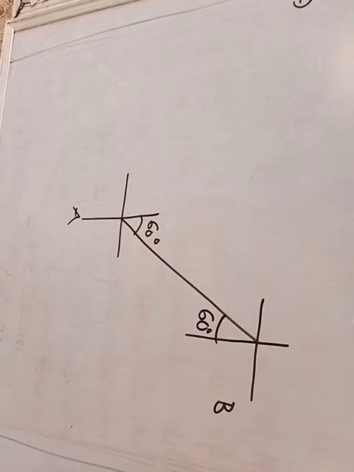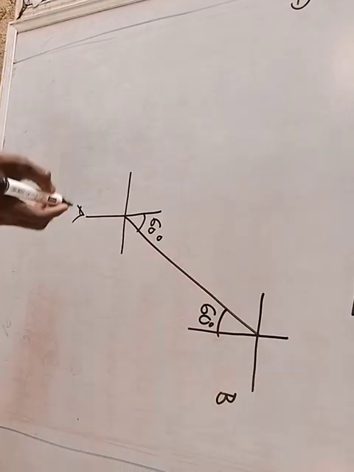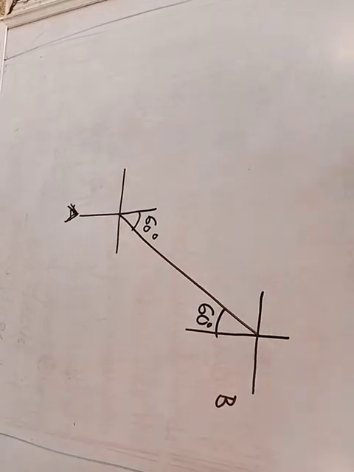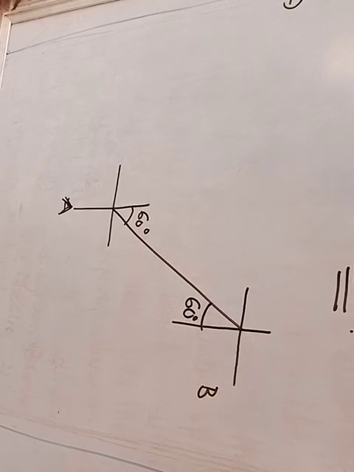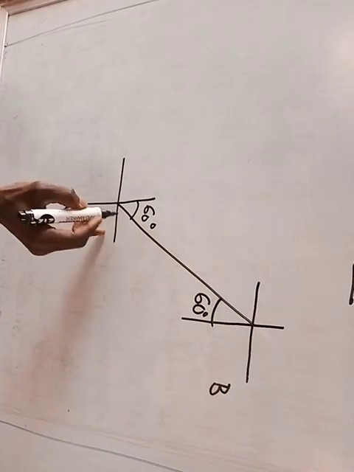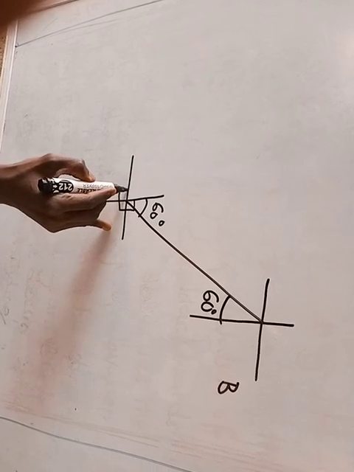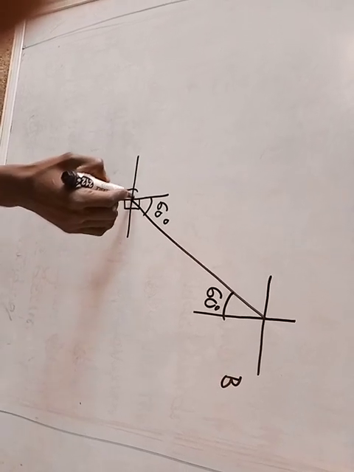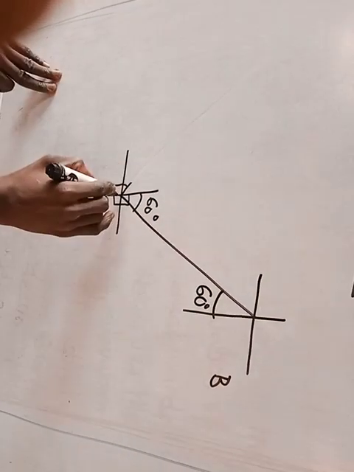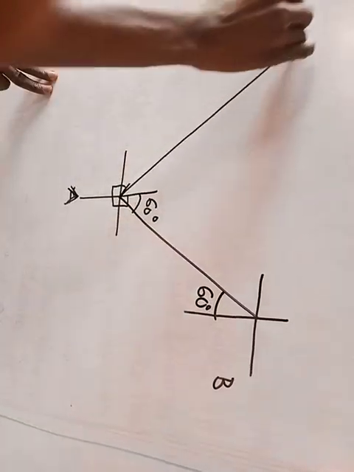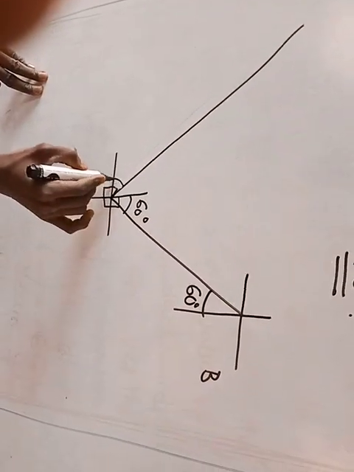Now, that's the bearing of C from A. The bearing of C from A is 290 degrees. Bearing starts from north. This is 90, 180, 270. Now this will be 20.